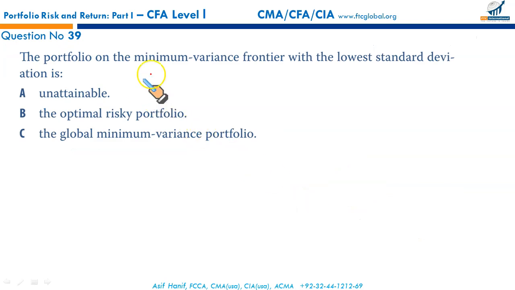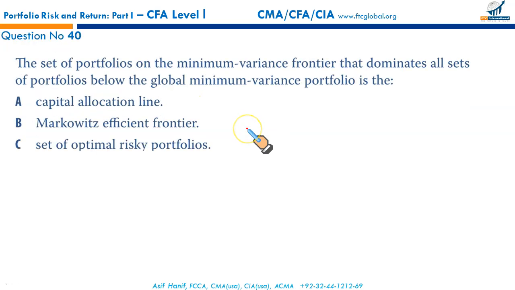So the portfolio on the minimum variance frontier with the lowest standard deviation is the global minimum variance portfolio. Not unattainable, it is attainable. And then this option B, the global minimum variance portfolio, is not the optimal risky portfolio if the risk-free asset is considered. So that makes C the correct option.